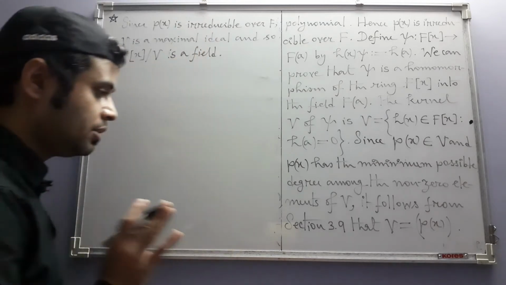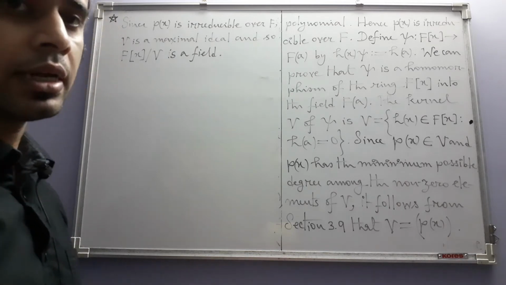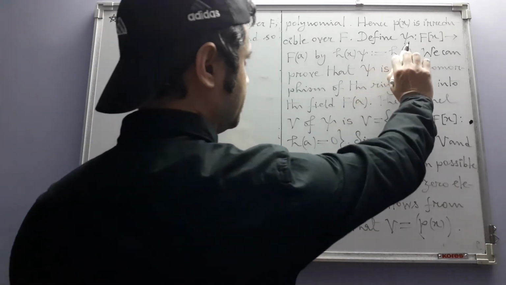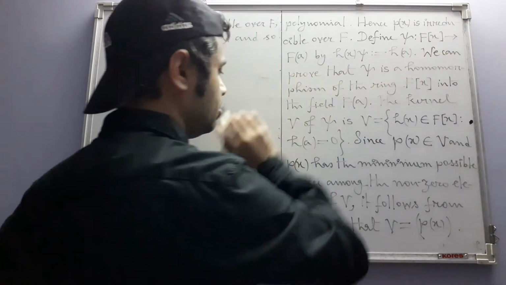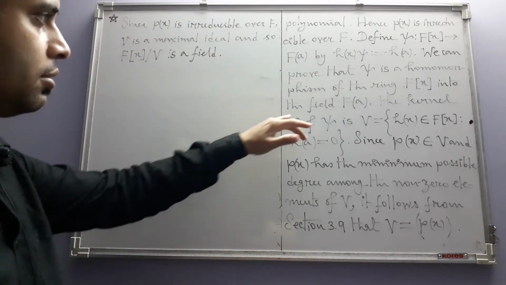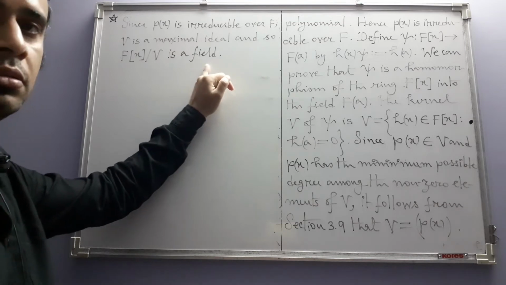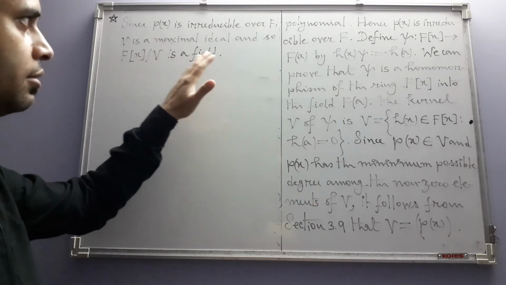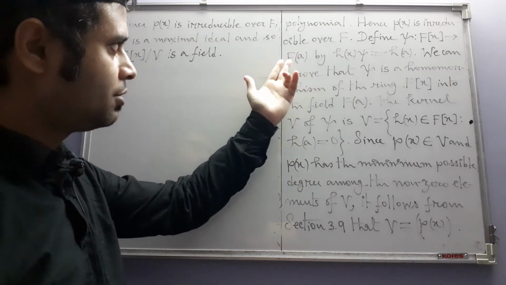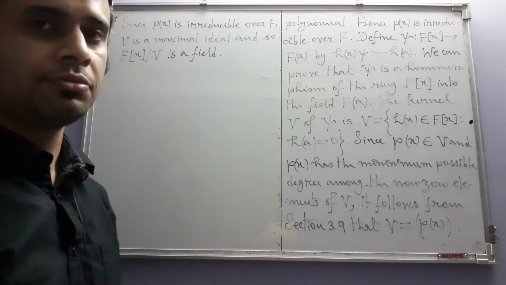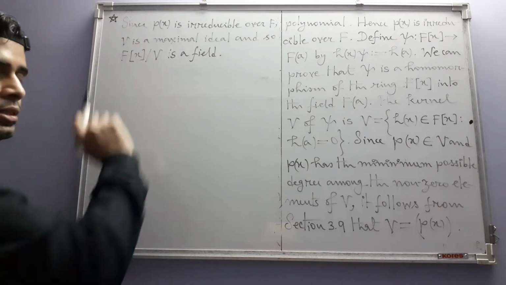Okay, now what do we know from our homomorphism theorems, or first isomorphism theorem? Psi is a ring homomorphism from F[x] into F(a), and its kernel is V, and we have found that F[x]/V is a field, and this field we know from our isomorphism theorem is isomorphic to a subfield of F(a). Subfield because this itself is a field.